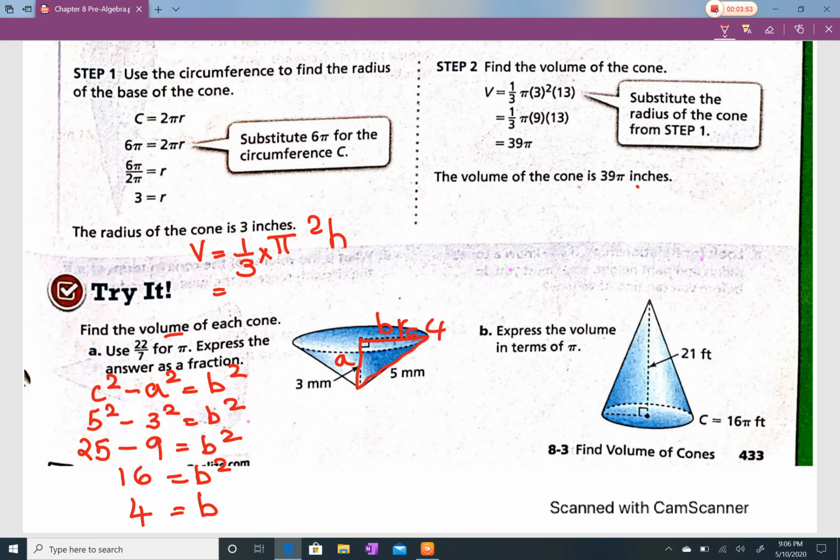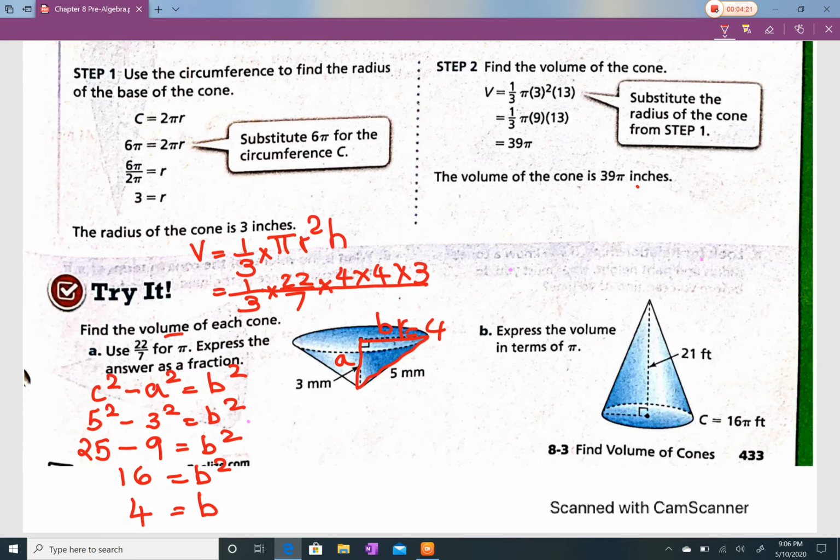So what you're going to do on the calculator, 1 times 22 times 4 times 4 times 3 divided by, you do 7 times 3, 21, and then you divide this whole by 21 and you should get volume equals 50.28. So volume is equal to 50.28 millimeter cubic. This is the answer you're supposed to get.